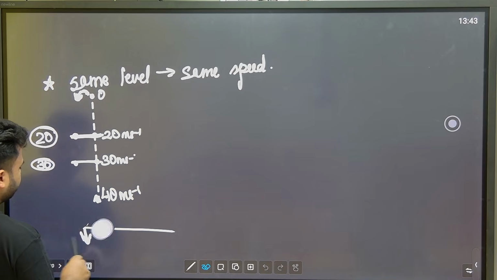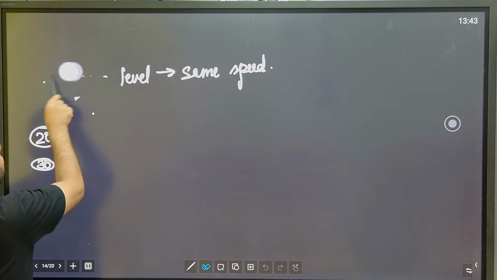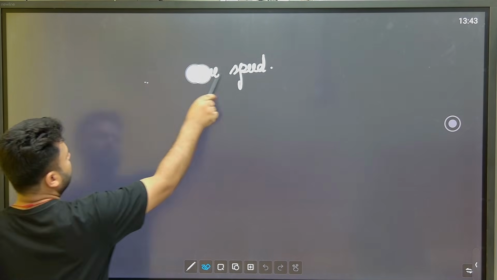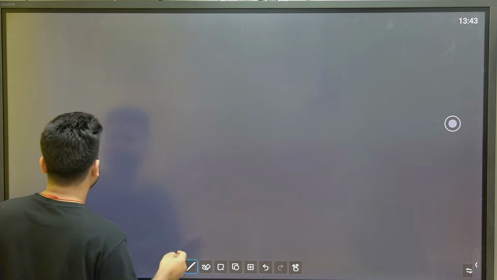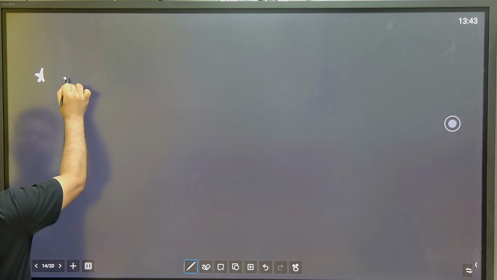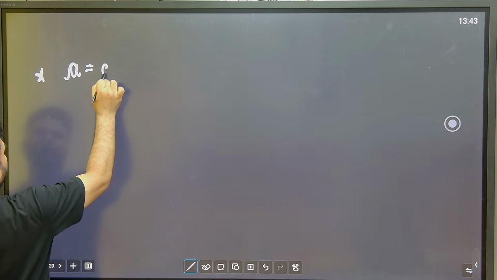We'll see here. Acceleration. What is acceleration? dv by dt.